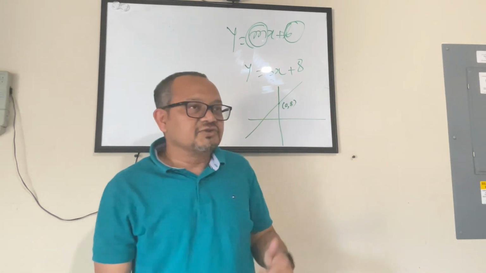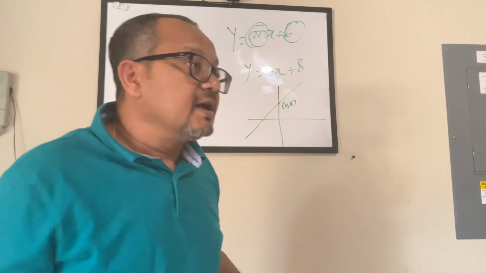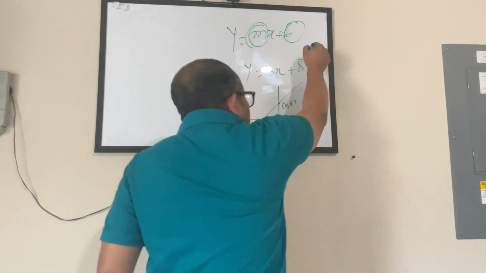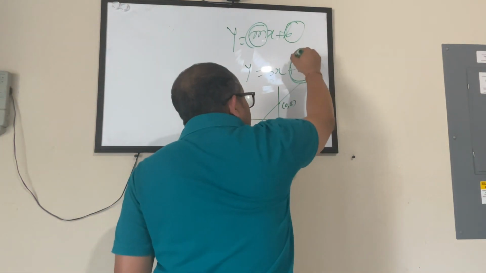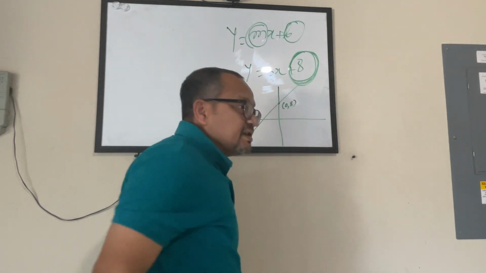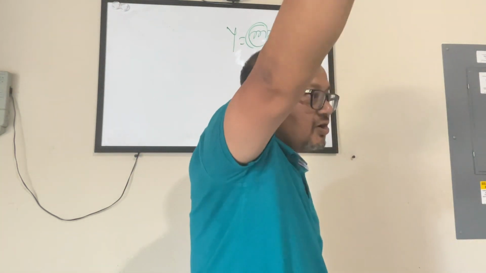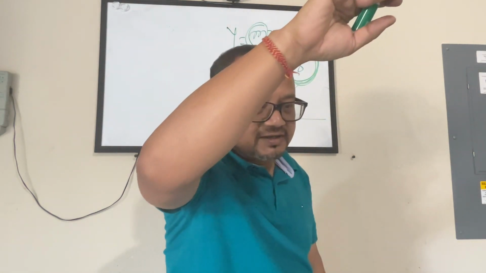So in the slope-intercept form, this is the point on the y-axis where it will cut your y-axis.